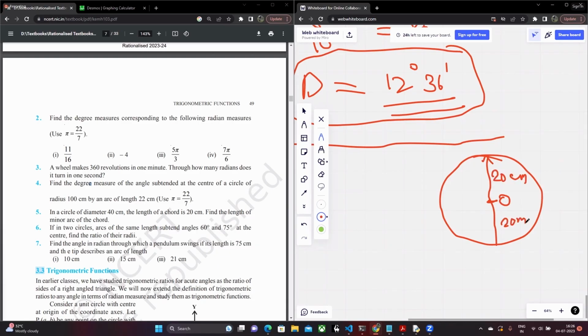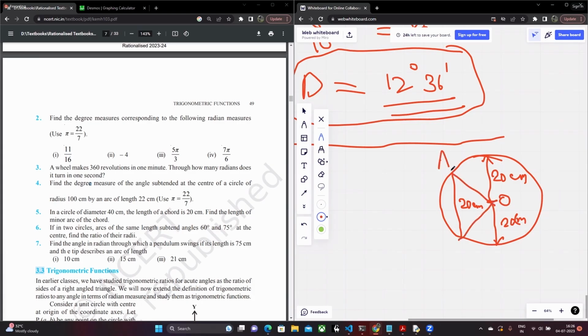This radius is also 20 centimeters, and you have a chord of length 20 centimeters. I'm drawing this parallel because it does not really matter. The radii can be drawn anywhere, anyhow.